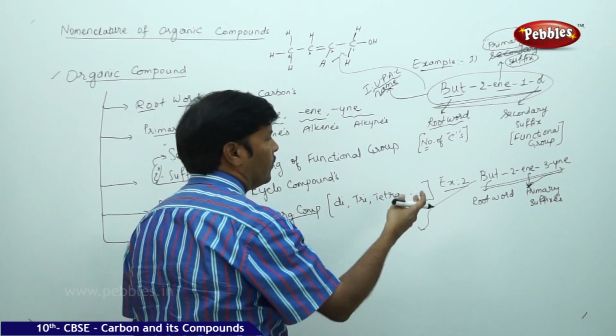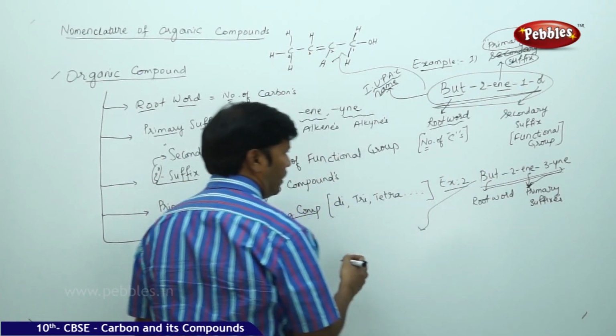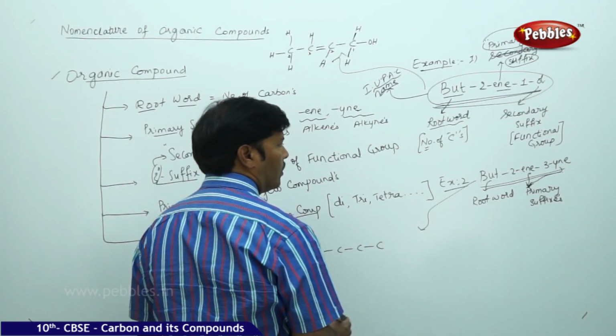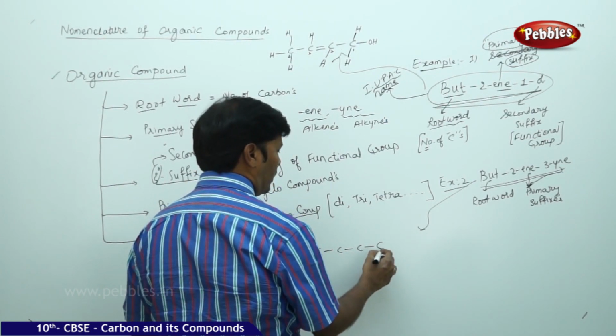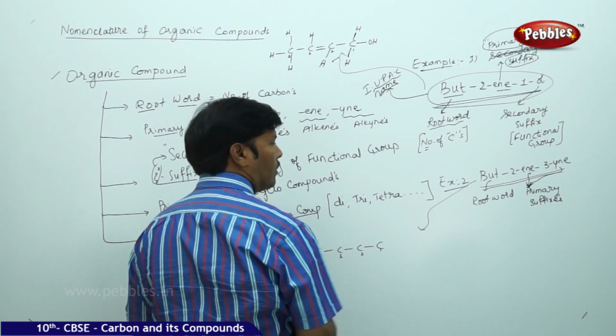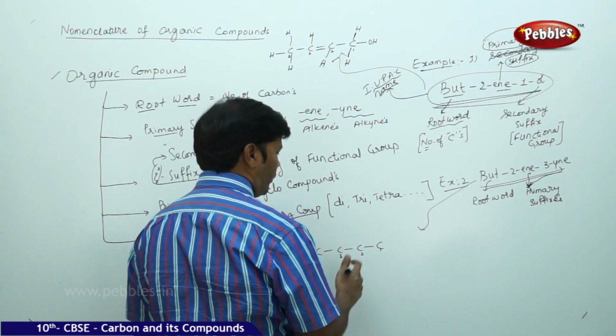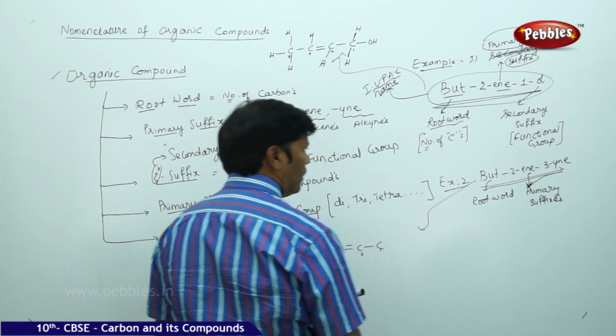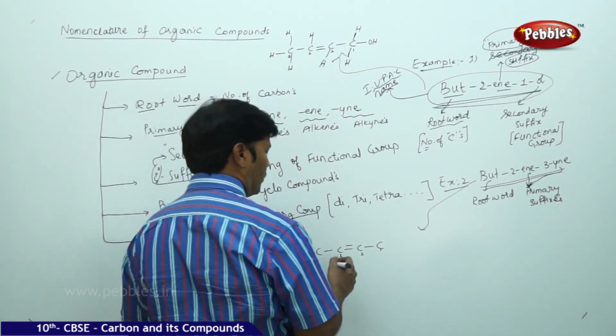Likewise, similarly, if you go for but-2-en-3-yne, if you take 1, 2, 3, 4 carbons, 3-yne means a triple bond.